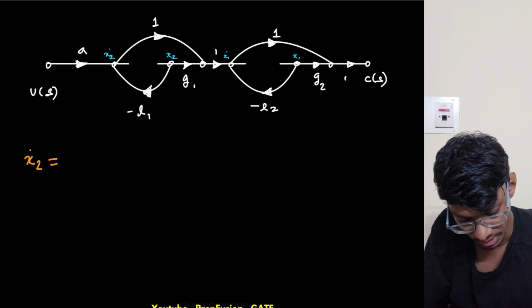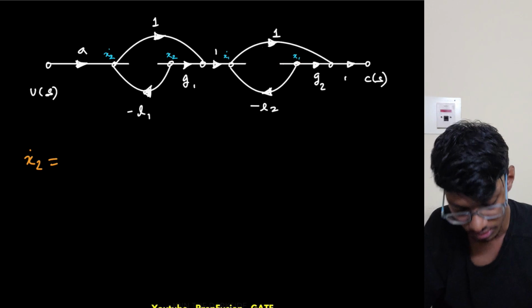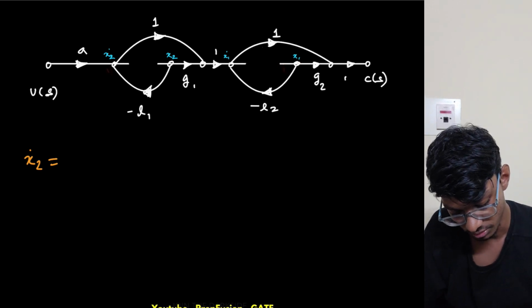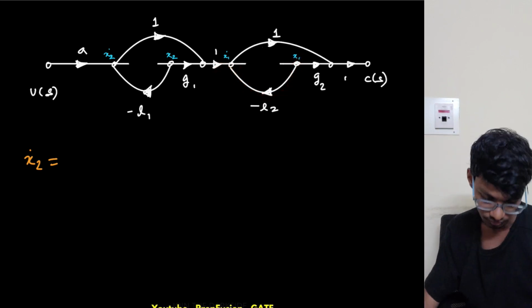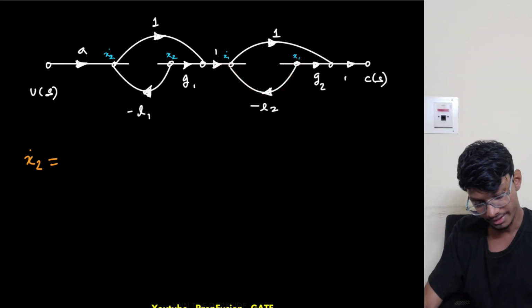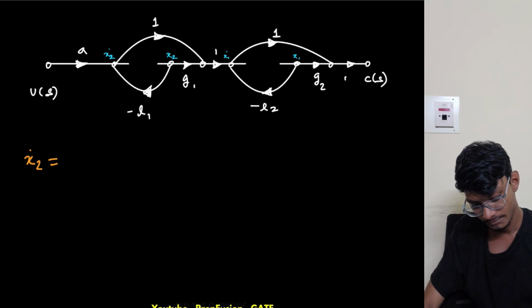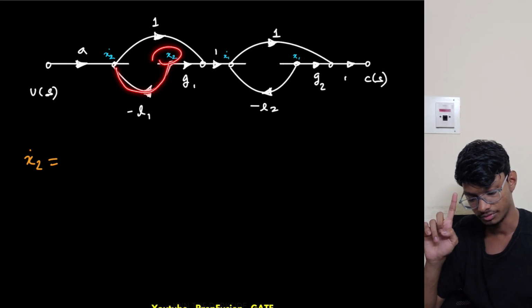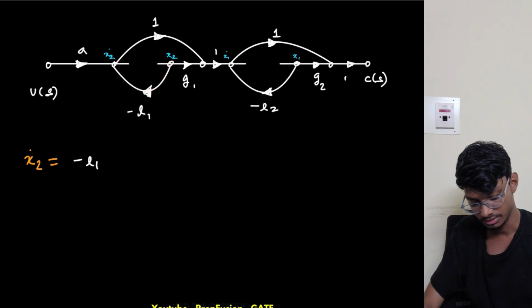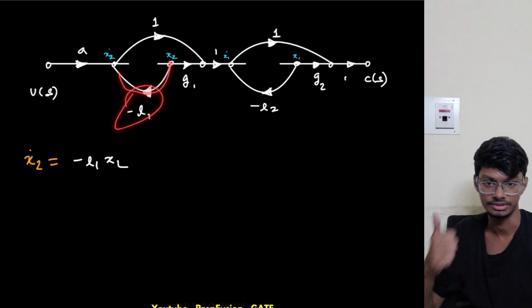Now, can x1 reach x2 dot? I can go from here, but this is against the path. So my x1 can't reach x2 dot, so it will only be a function of x2. So x2 going from here to here is minus L1 times x2, and I'm reaching x2 dot.